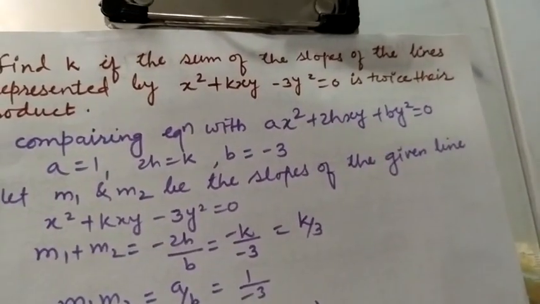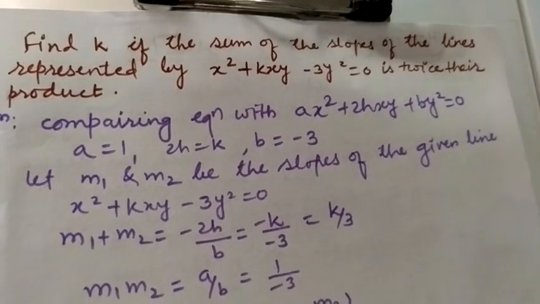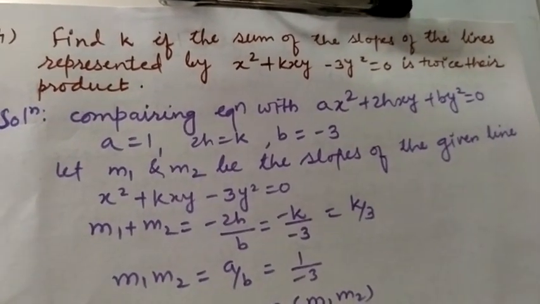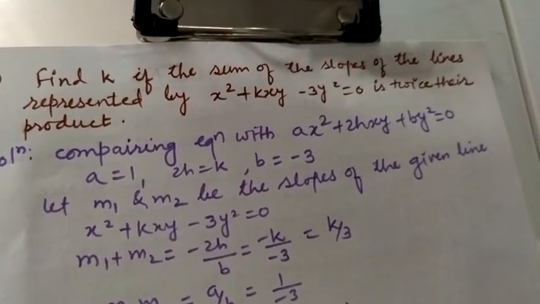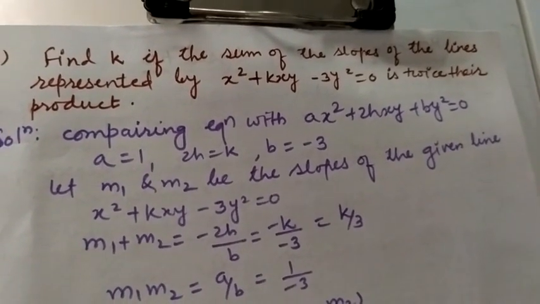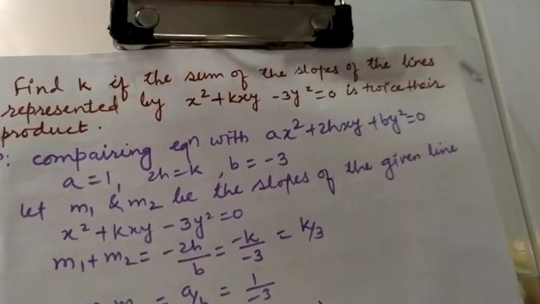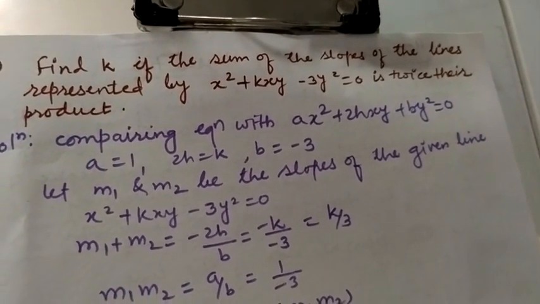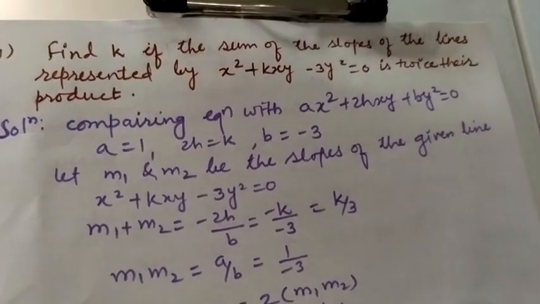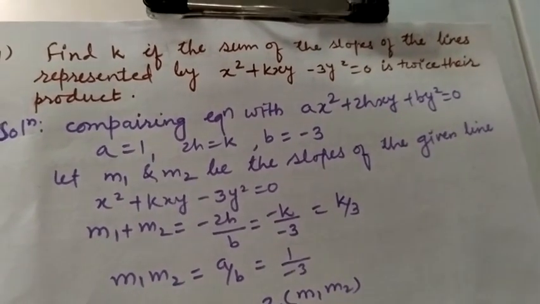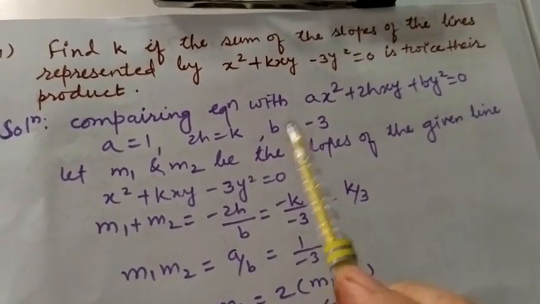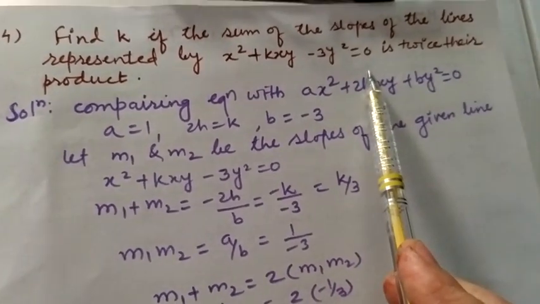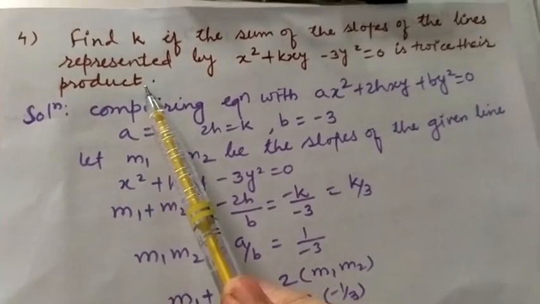Now the equation is again given in the ax² + 2hxy + by² form, and we want to find the value of a constant k. See the problem very carefully. Find k if the sum of the slopes of the lines represented by x² + kxy − 3y² = 0 is twice their product.